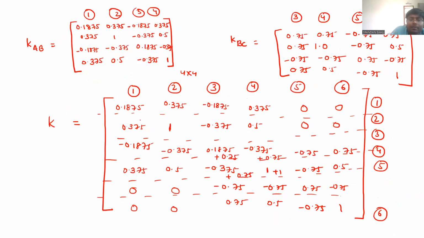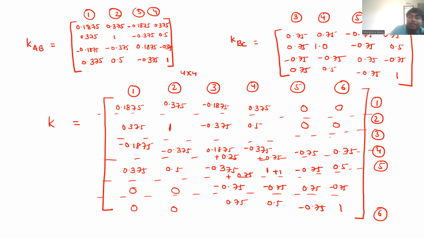Your F matrix will consist of F1, F2, and F2 is 0. So 0 will be equal to 0.375 times U1, 1 times U2, minus 0.375 times U3, plus 0.5 times U4, plus 0 times U5, plus 0 times U6.